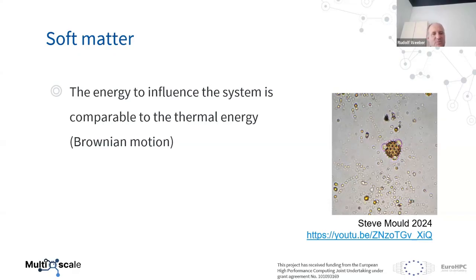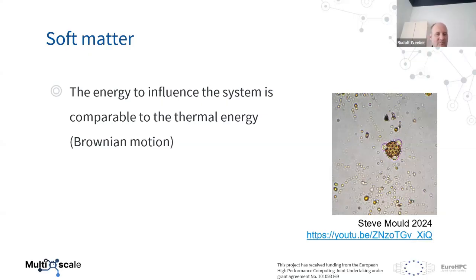And this is why Brownian motion is crucial in these systems. So nearly always this randomness provided by Brownian motion is present in these systems and has to be accounted for in the simulations. Here you see a video of a pollen undergoing Brownian motion in a microscope.